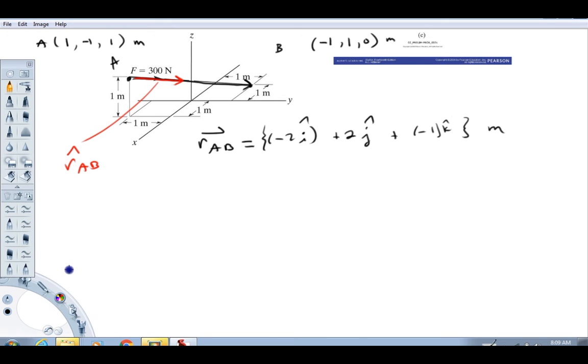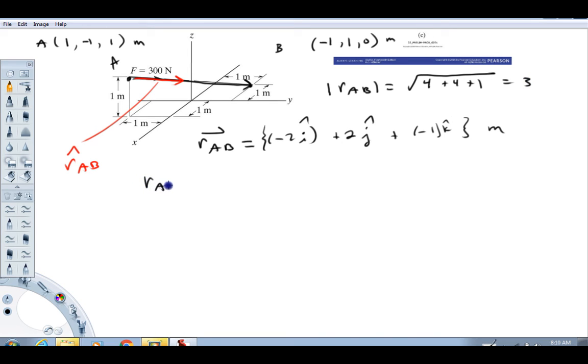Anyway, the way we're going to find that is we're going to take this vector and divide it by its magnitude. So I'll calculate its magnitude up here. The magnitude of position vector AB is equal to the square root of 2 squared plus 2 squared plus 1 squared. That's 4 plus 4 plus 1, which is 9, and the square root is 3.